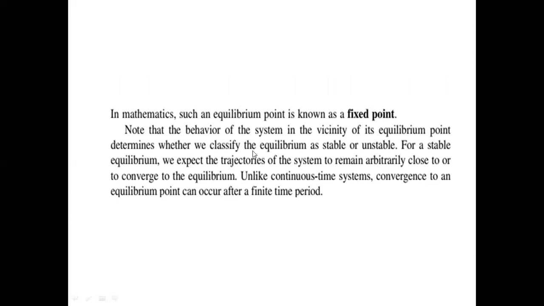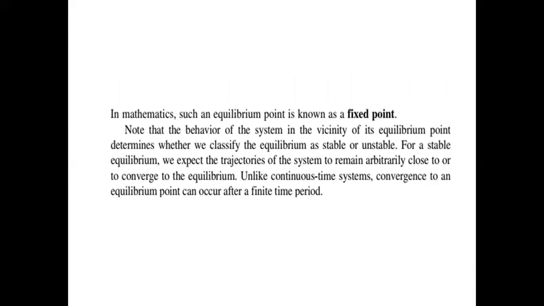Now, note that the behavior of the system in the vicinity of the equilibrium point determines whether we classify the equilibrium as stable or unstable. Now see, what is the meaning of this statement? Suppose the system is operating at an equilibrium point, where the net effect of the disturbance on the system is zero.